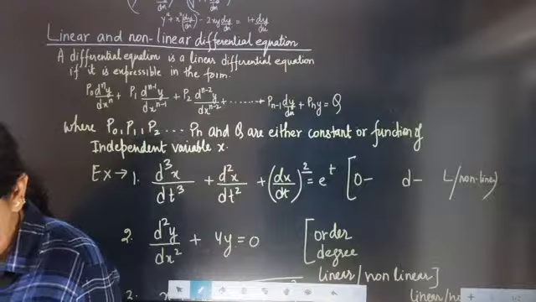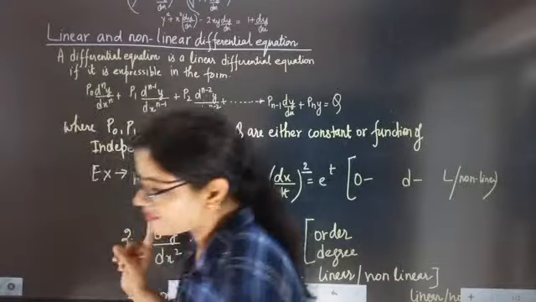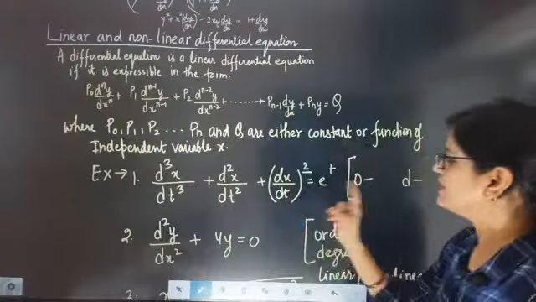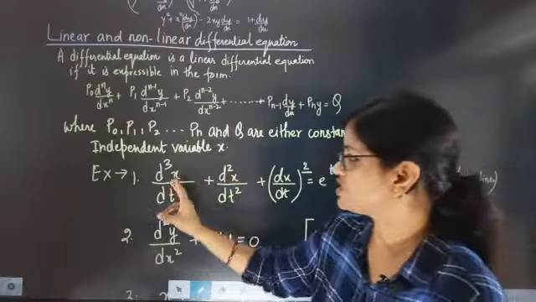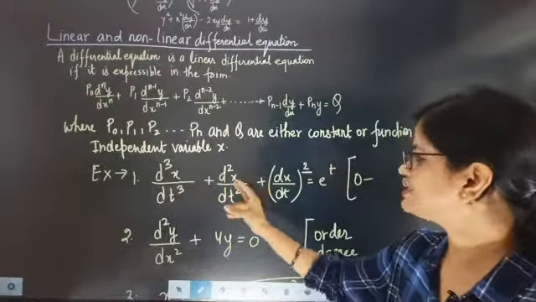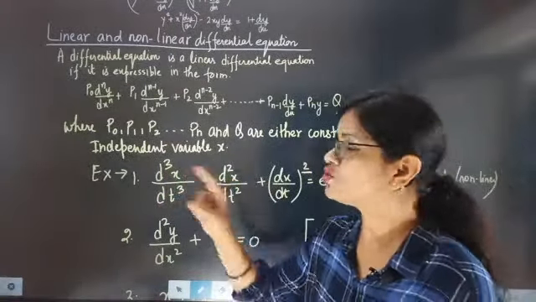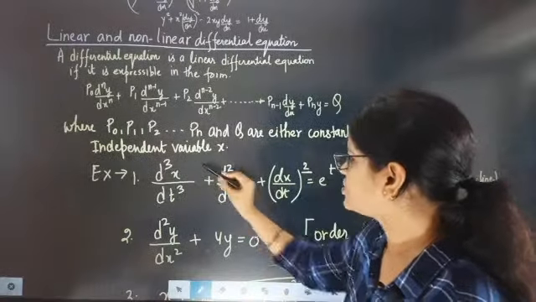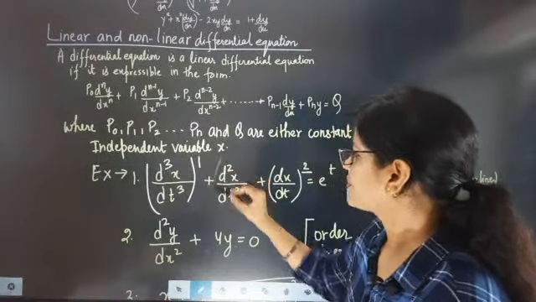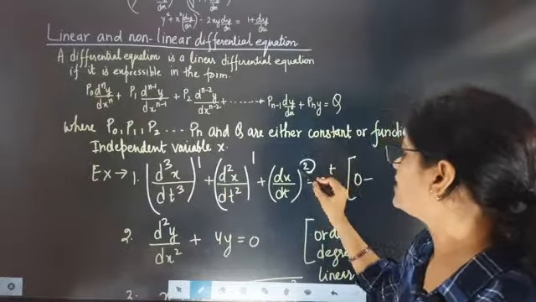You have to check very nicely whether it is linear or non-linear. I told you the restriction that the order should be decreased by 1, but the degree should always be 1. Here the degree is 1, but here the degree is 2.